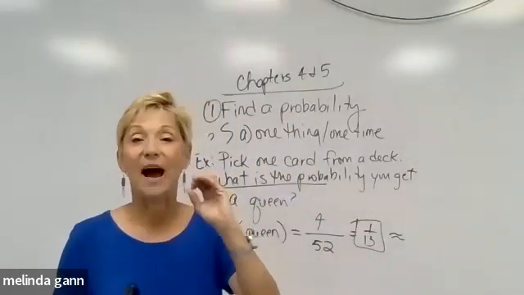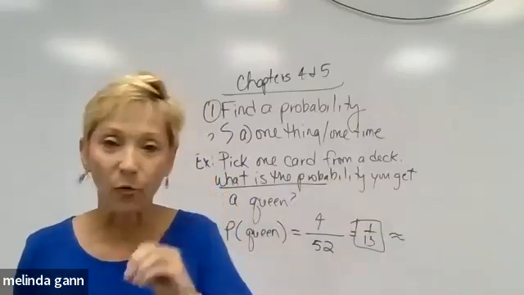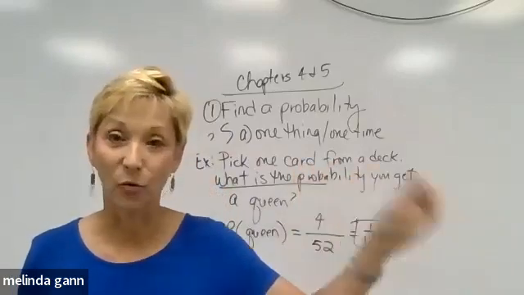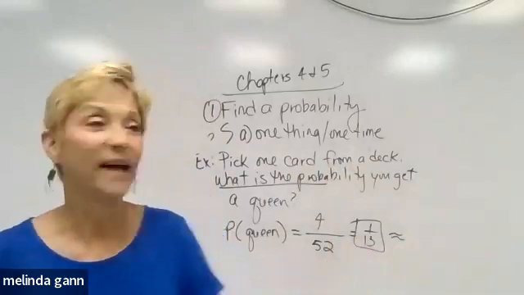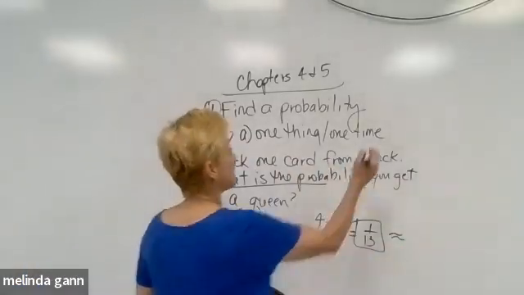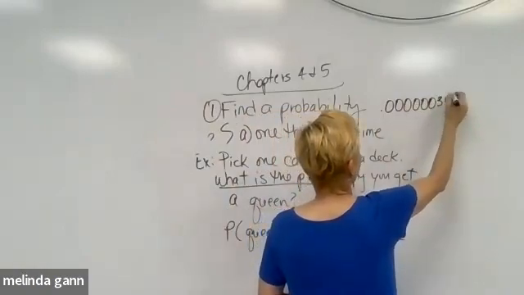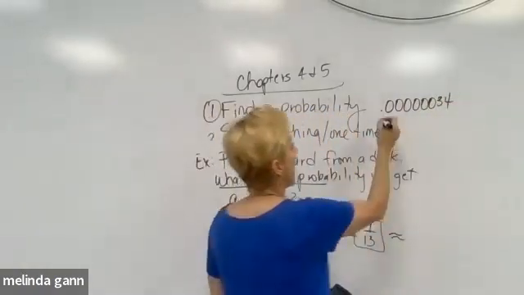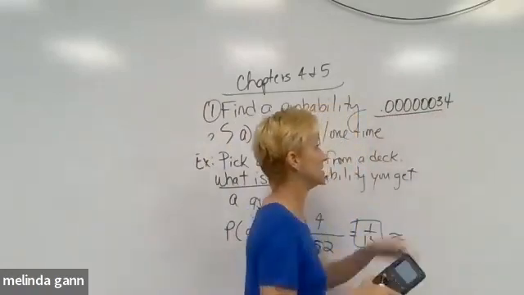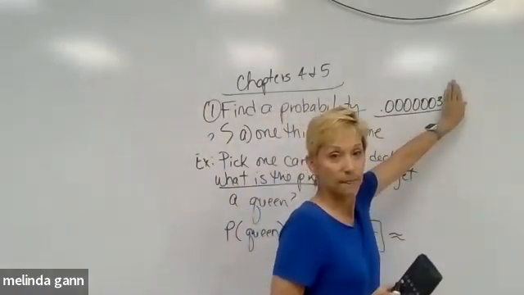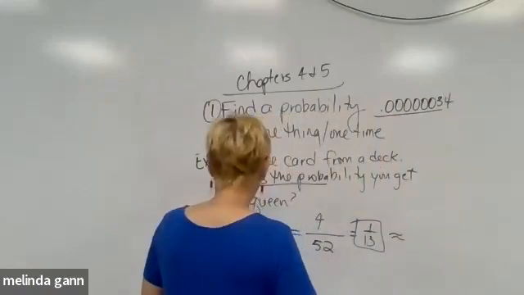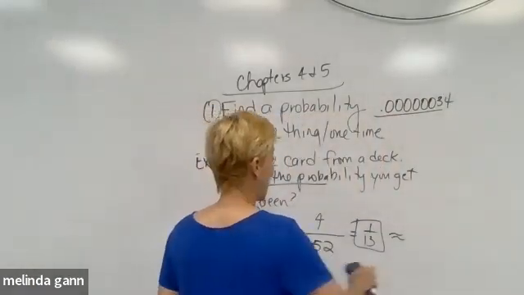Okay? Now, what you cannot do is round to 0 and you cannot round to 1. So if the answer came out to be something like 0.00000034, then you're going to have to go more than 3 places. Does that make sense? So don't ever round to 0 and don't ever round to 1.